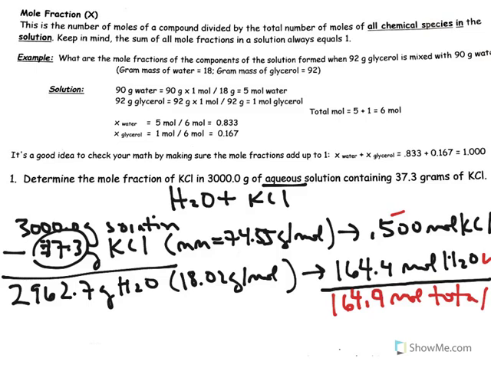And then you figure out the mole fraction. The mole fraction for KCl is equal to the number of moles of KCl divided by the total moles in that solution.